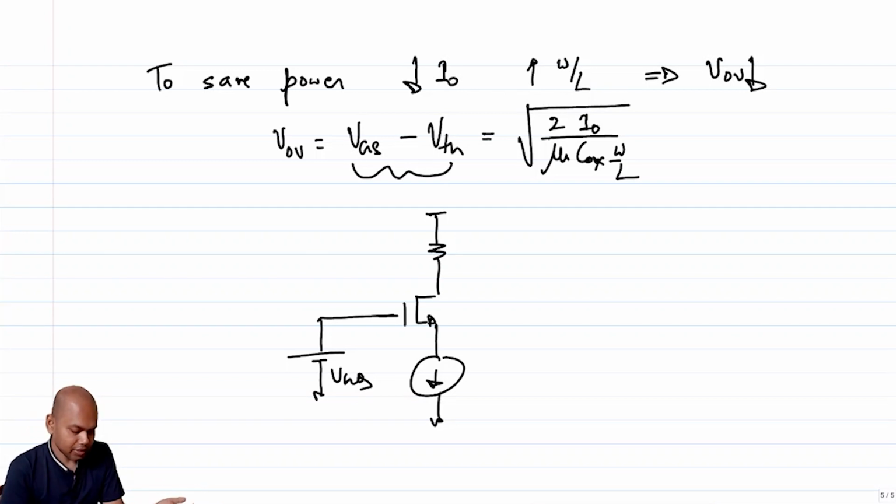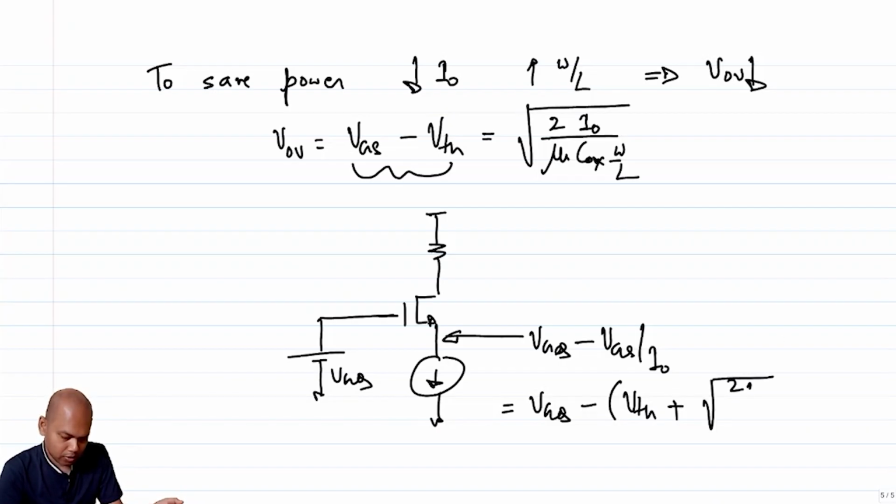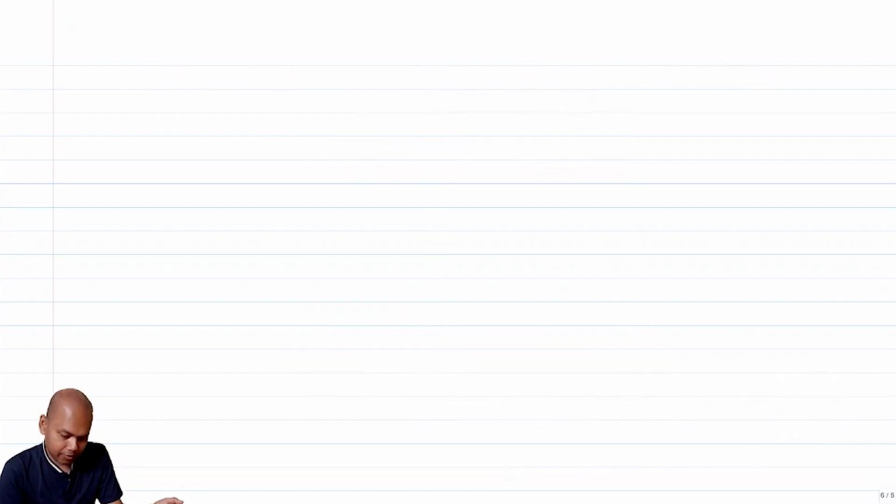So if the transistor is in saturation, I know that this voltage is VGQ minus the VGS when the current through the transistor is equal to I naught, which is nothing but VGQ minus the threshold voltage plus the square root of 2 I naught by mu n Cox W by L, right?